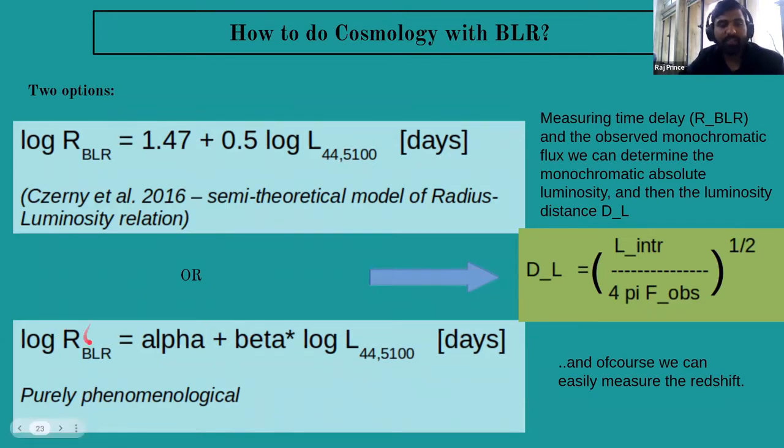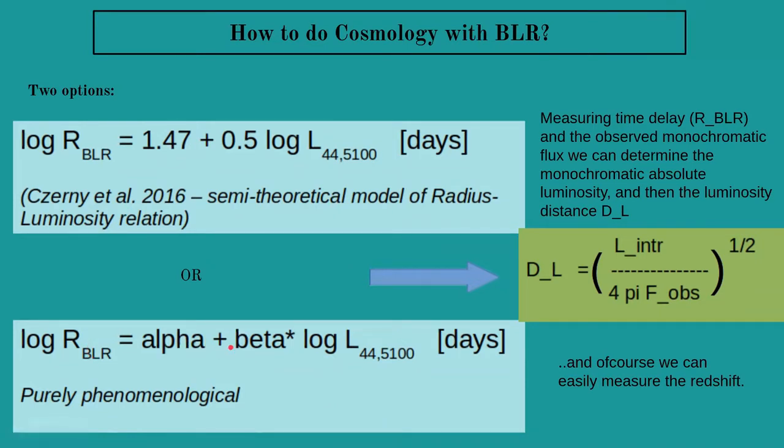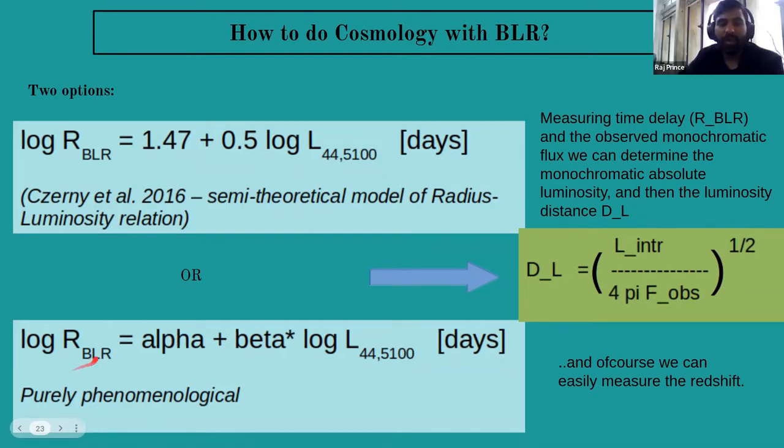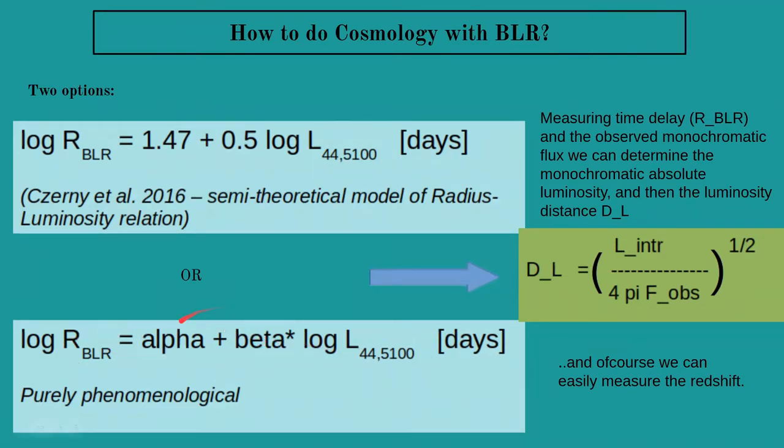The other method is purely phenomenological, where we have a large number of sources, and you plot the emission line time delay, R_BLR, against their luminosity, and try to estimate alpha and beta.